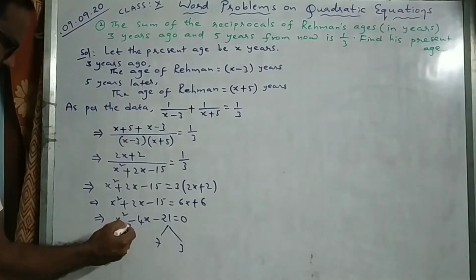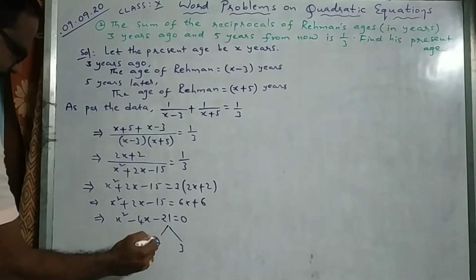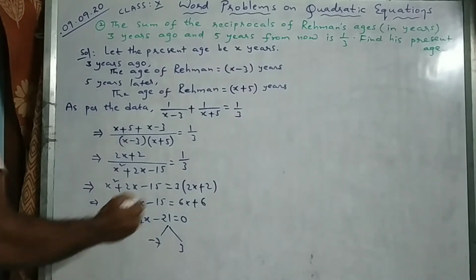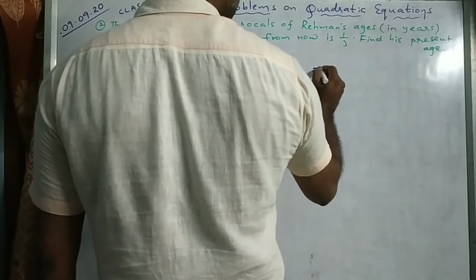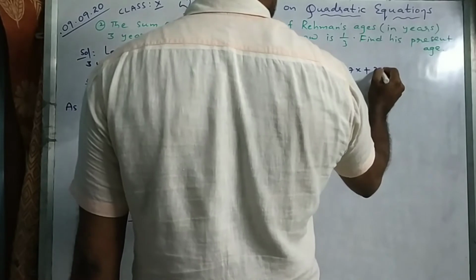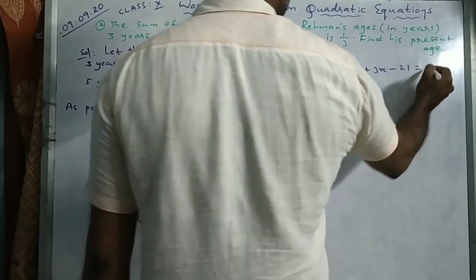So I want minus 4. That means minus 7 plus 3 can I write here? Minus 7 plus 3 is minus 4 only. So you should remember the factorization here. X square minus 7x plus 3x minus 21 equal to 0.